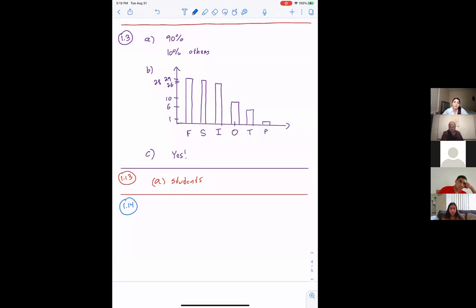Correct? You with me? Yes. So if I don't add an other category, then I can't use a pie chart. A bar graph I can. I don't need an other category for a bar graph. Nothing says that for a bar graph they have to add to 100%. For a pie chart they do, because the circle is the full circle, 100%.